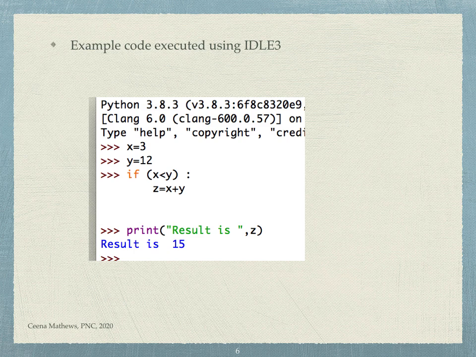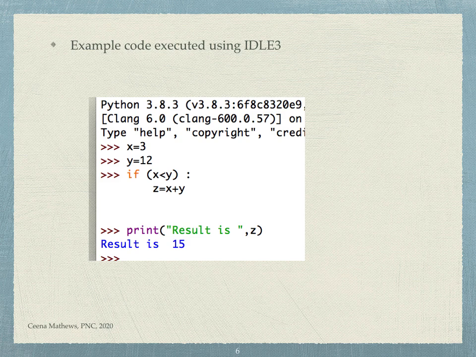This condition will be evaluated as true or false based on the values given. Since x, that is 3, is less than 12, the condition will be true, and so the statement following if will be executed: z equal to x plus y will be calculated, which is 15. Then in the next statement, print result is, so this result is printed.